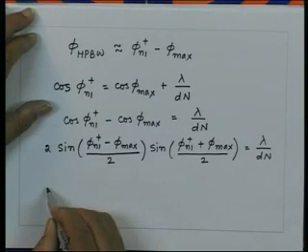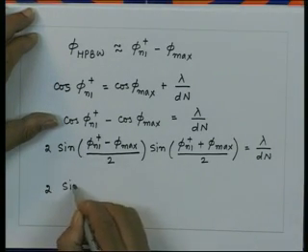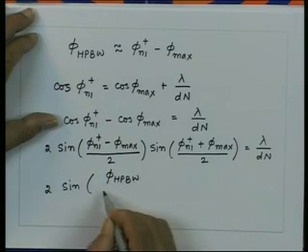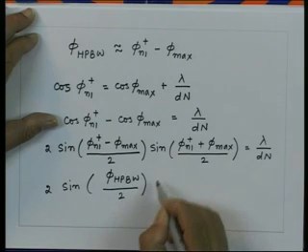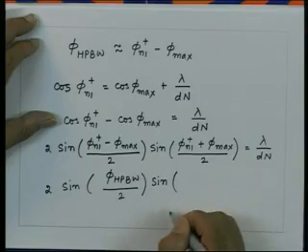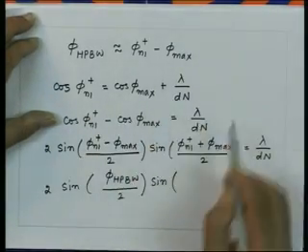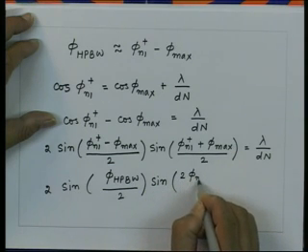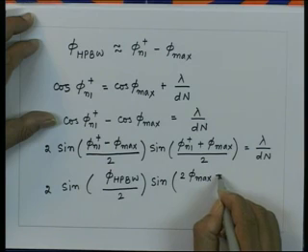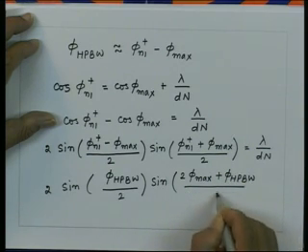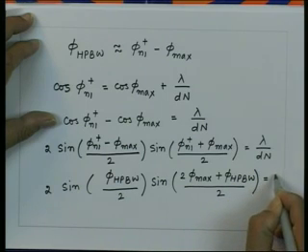So this one can be written as 2 times sine of phi half power beam width divided by 2, sine of, if I substitute for this, phi max plus phi half power beam width, it will be 2 times phi max plus phi half power beam width divided by 2, that is equal to lambda upon dn.